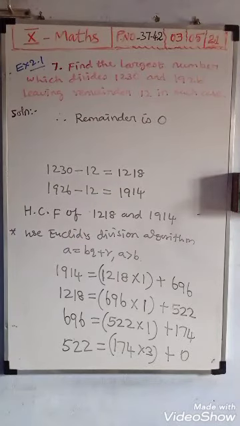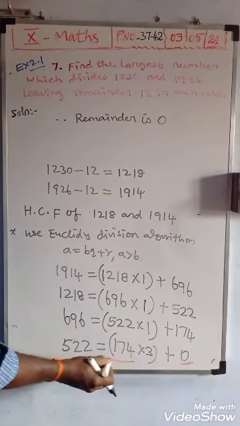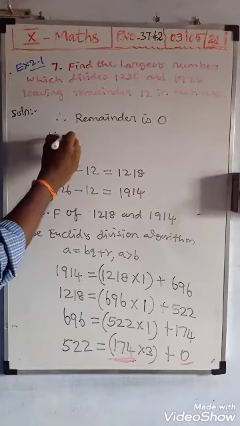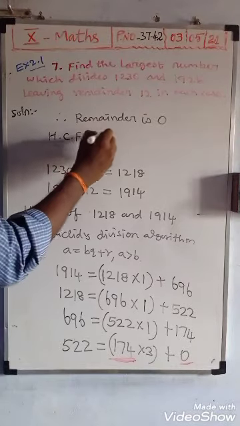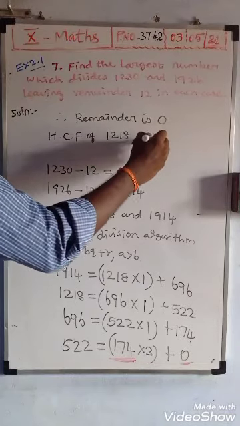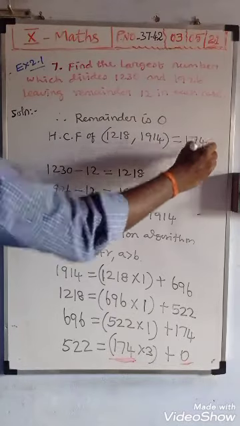Then which one is the HCF? Since the remainder is 0, the last divisor is the HCF, and the last divisor is 174. Therefore the HCF of 1218 and 1914 is 174.